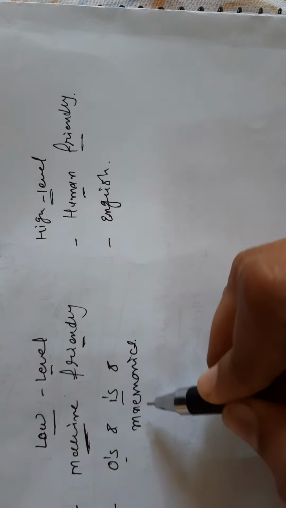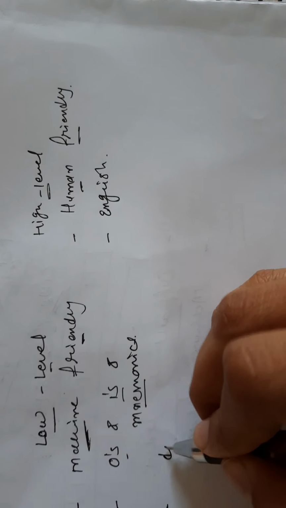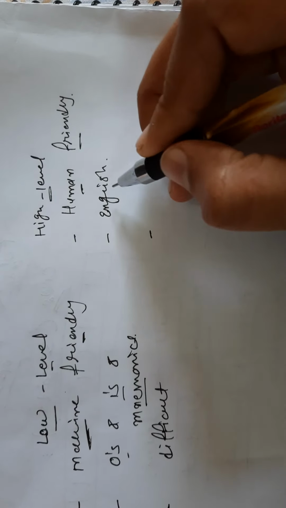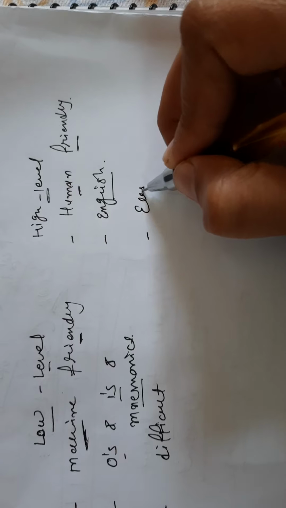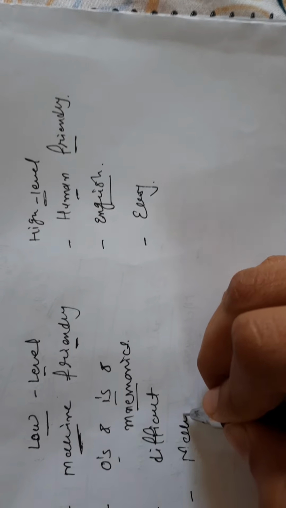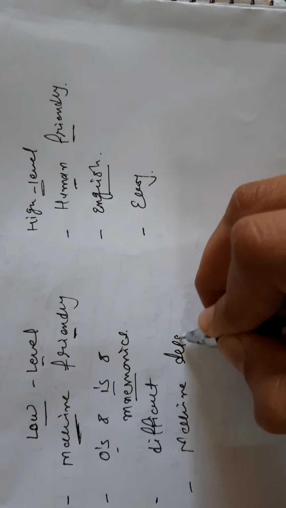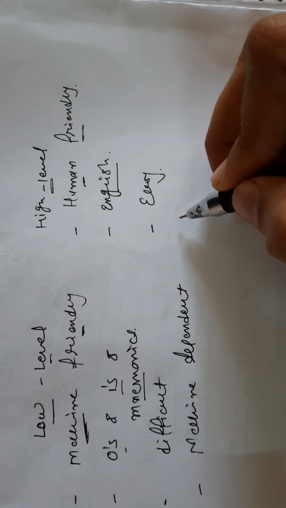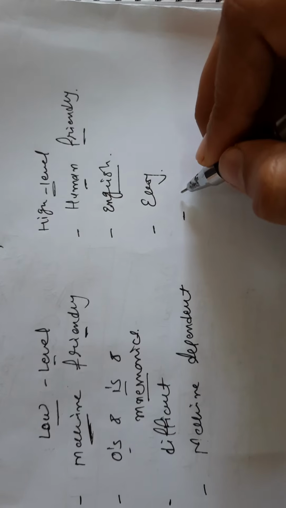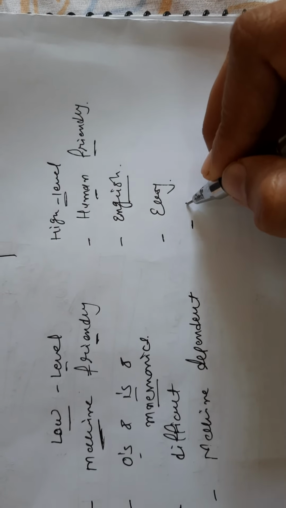Due to zeros and ones and mnemonics, low level language is quite difficult to learn, while high level language is similar to English and that is why it is easy to learn. These low level languages are machine dependent. If we write code for one CPU, it will not get executed on another CPU which has a different architecture. Here, high level language is machine independent.